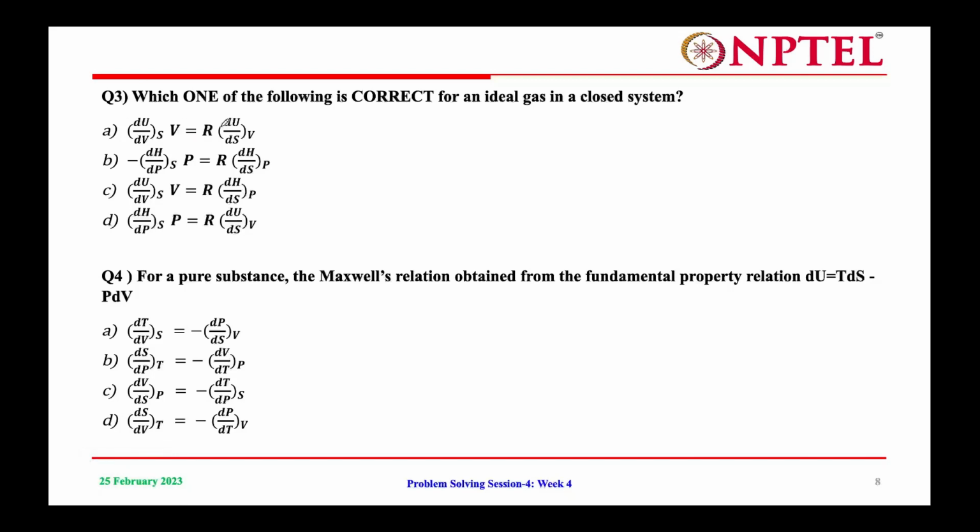Now which one of the following is correct for an ideal gas in a closed system? The options are given. Try to solve and tell the answer.